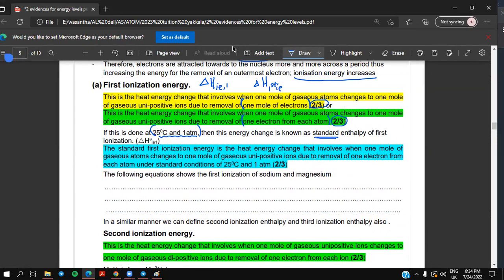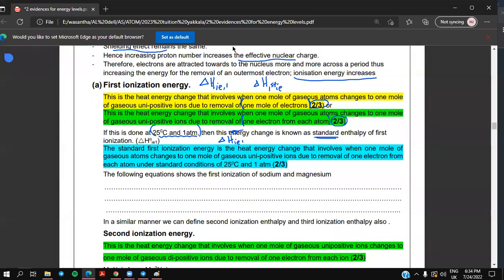But when it comes to standard conditions, see what is written here. We can write it as delta H ionization energy 1, and we show a symbol over here. You draw a small circle and draw a line across. I can show it better here. This symbol shows you, okay, we are doing this experiment, or we are considering this reaction at 25 degrees Celsius and 1 atm.